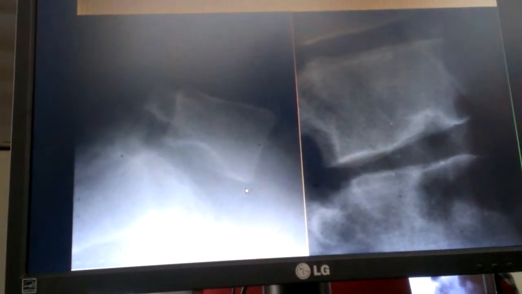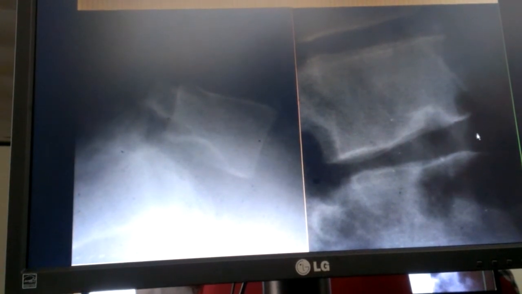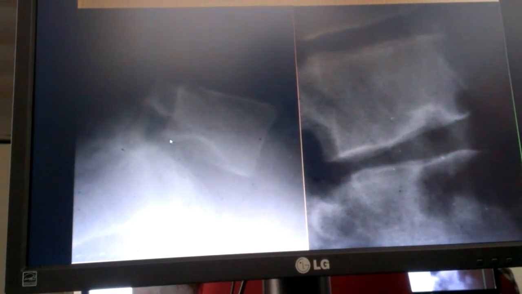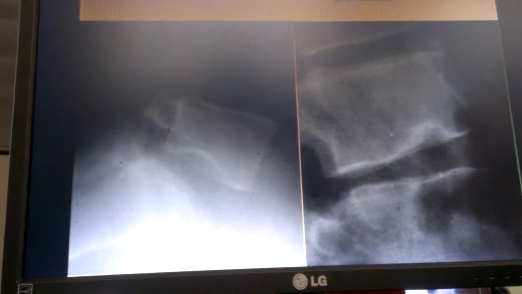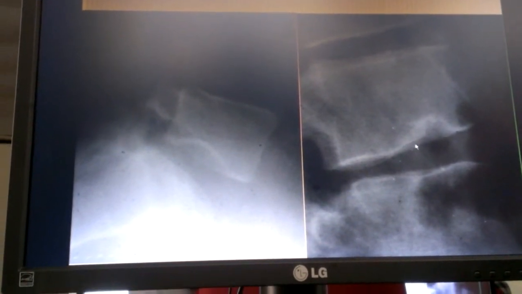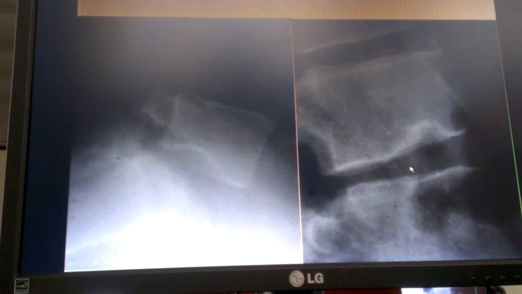Okay, so here's a Schmorl's node. The difference is this occupies a fairly large area, not that the Schmorl's node couldn't either. But all you've got is a thin density there. Here you've got a fairly fuzzy, irregular density, and that's where the innate has tried to wall off the interloper, which is, again, the nucleus pulposus, annular fibers, maybe some end plate, osseous elements, and Sharpey's fibers, etc. And usually it accompanies a decrease in the disc space.